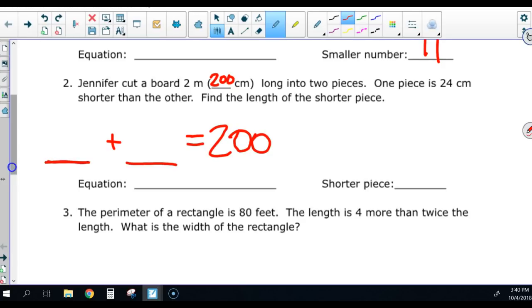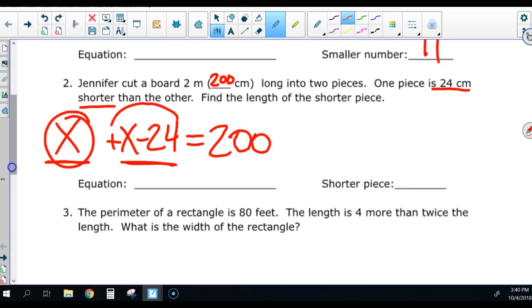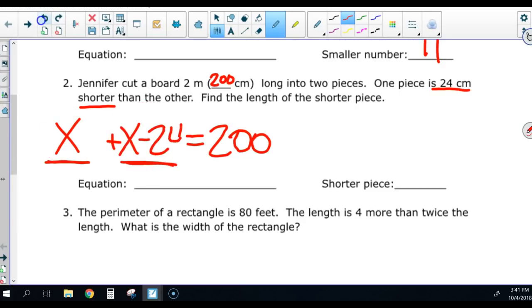Now, it doesn't matter which one I make one piece and which one I make the other, but one piece is unknown. The other piece is 24 centimeters shorter. So, x minus 24. Those are my 2 pieces. One is x minus 24.